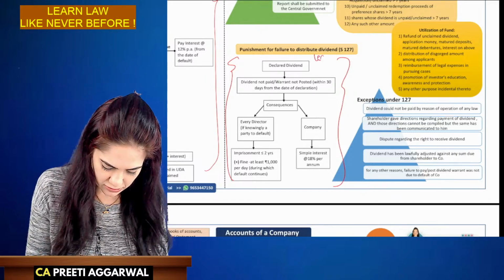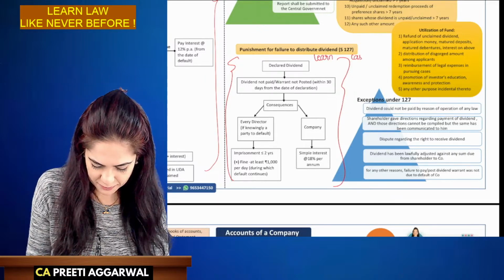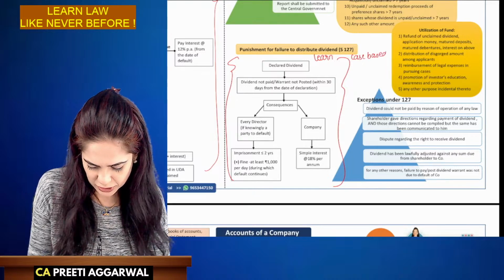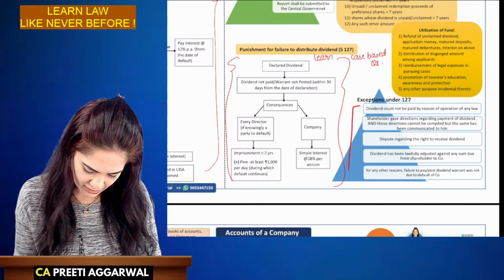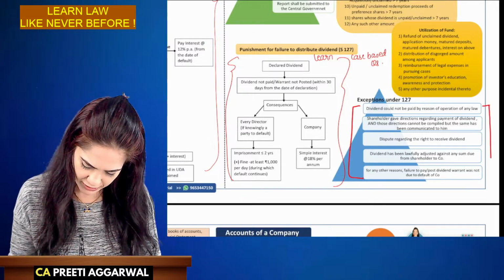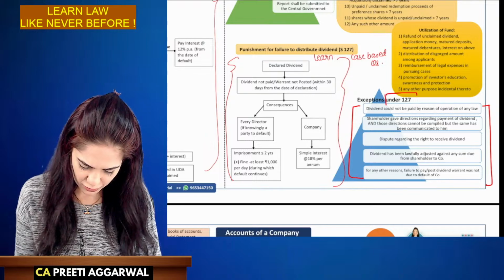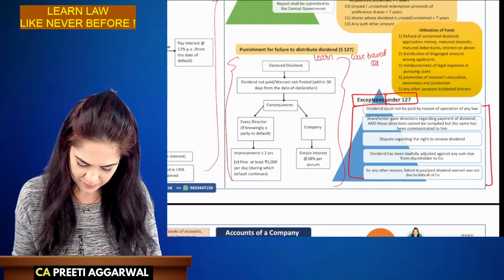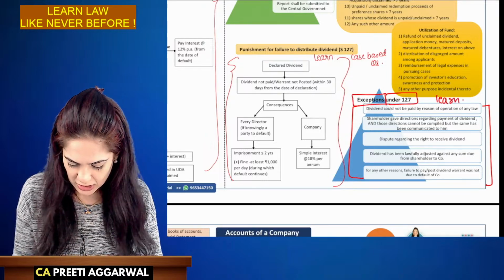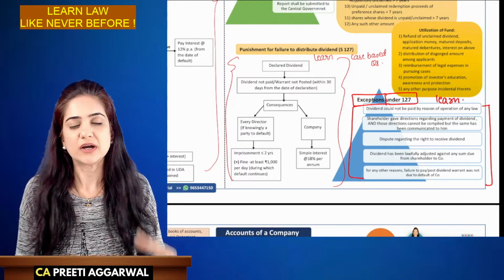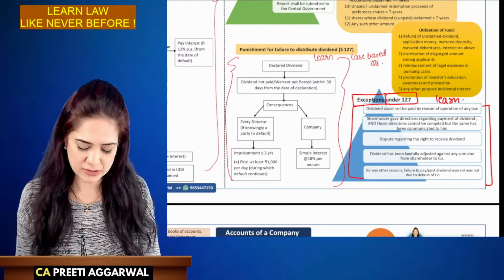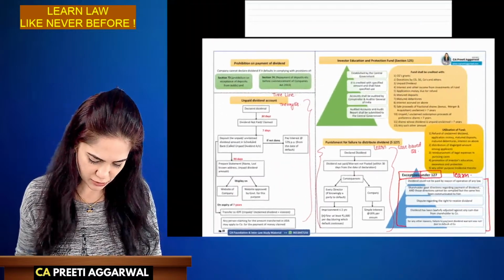Okay, you have to learn, because this is important for case based question. Also, you need to learn when it is not considered as an offense, section 127 exceptions. Again, you need to learn this for case based question. You need to know the scenarios when non payment of dividend is not considered as an offense.